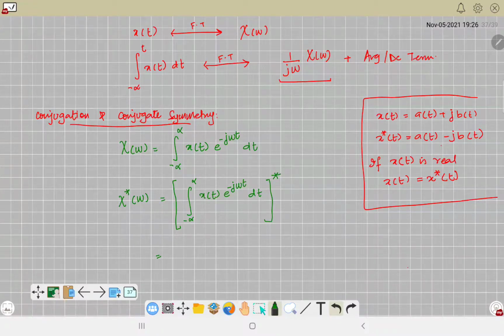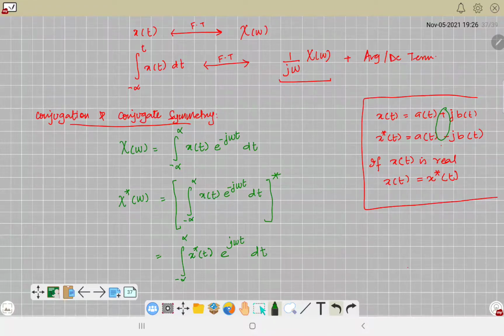Now on the right hand side there are two terms wherein we have to apply the conjugate. One term is x of t, whose conjugate we will denote by x conjugate t. Then there is e raised to the power minus j omega t. On conjugation, the sign of the imaginary part is reversed, so it will be simply e raised to the power j omega t, dt.